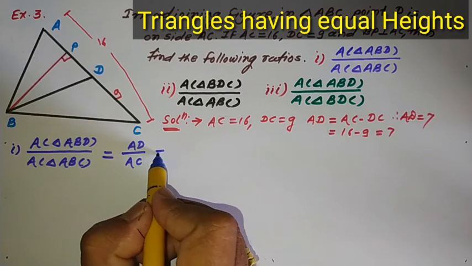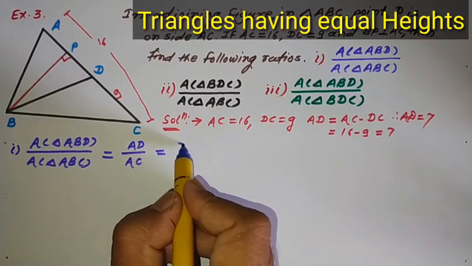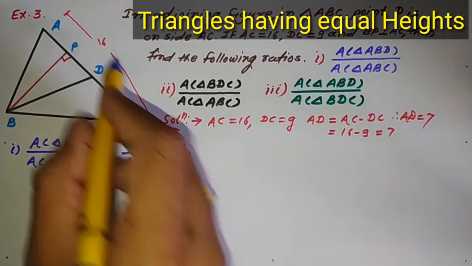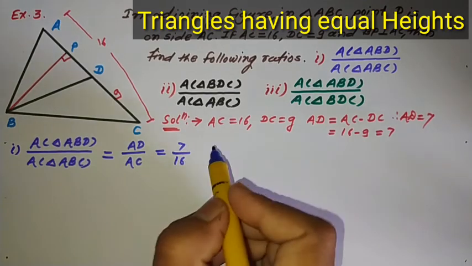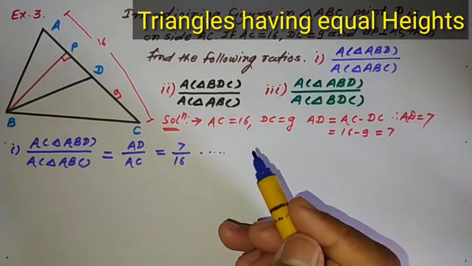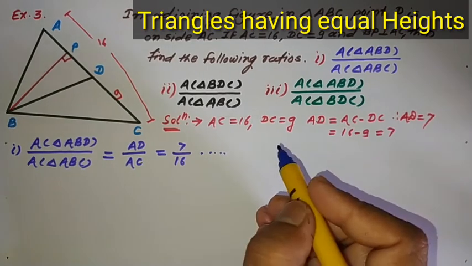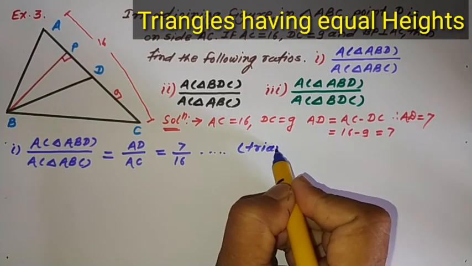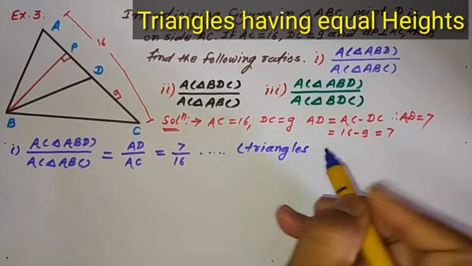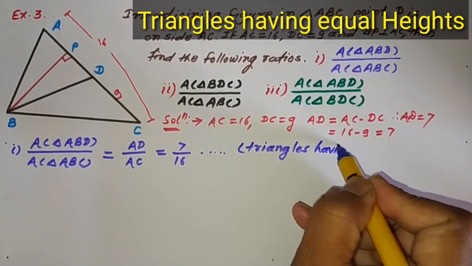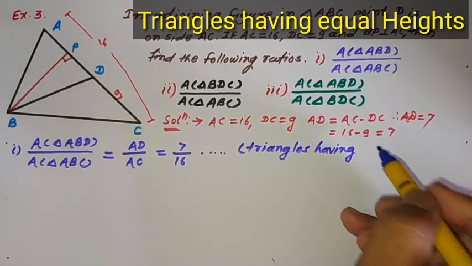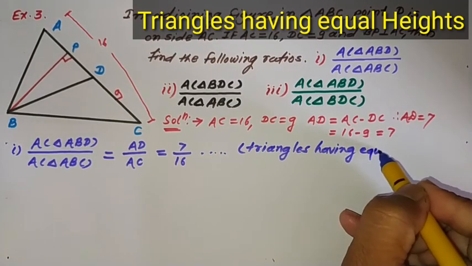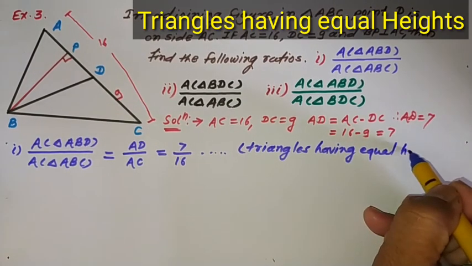Put the values: AD is 7 and AC is 16. Write down the reason: the triangles have equal heights.